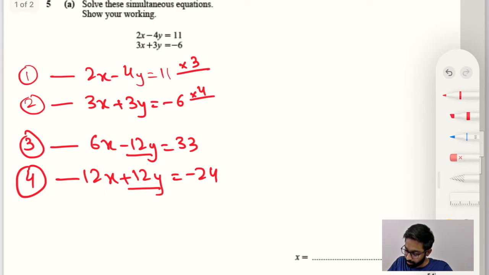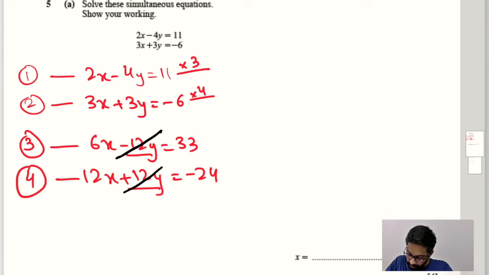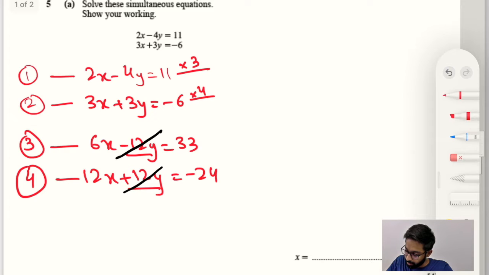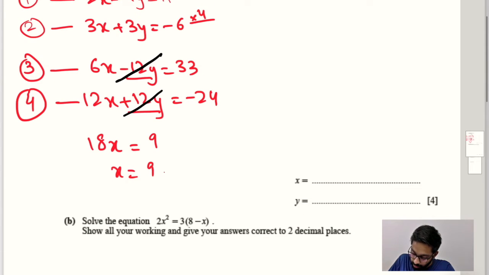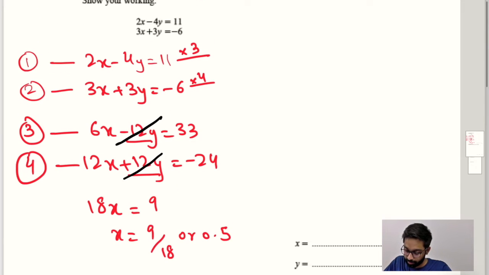When I do that, the x adds up. 6x plus 12x gives me 18x equals 33 minus 24 gives me 9. So x is equal to 9 over 18 or 0.5.